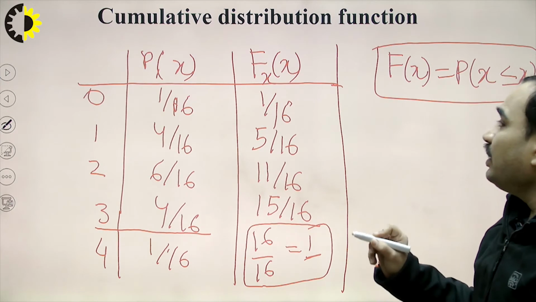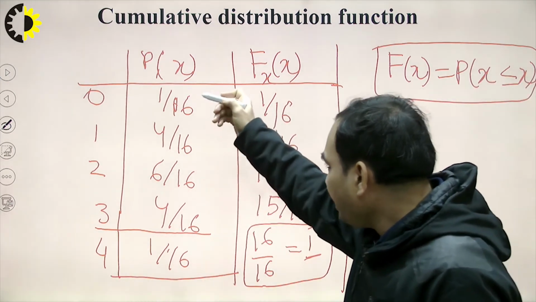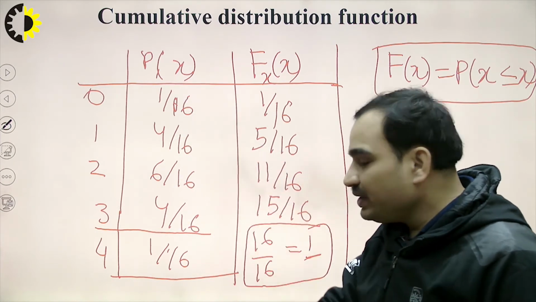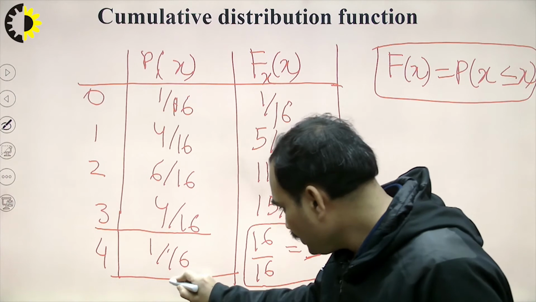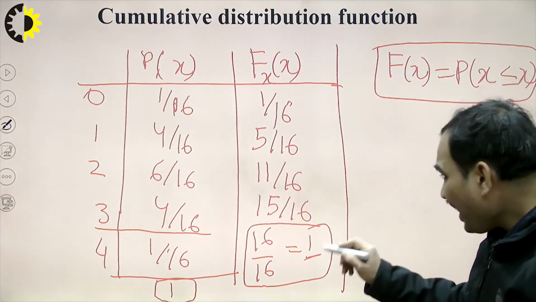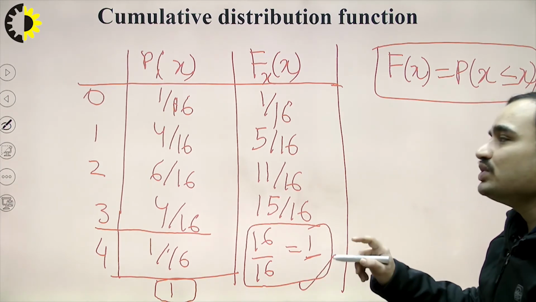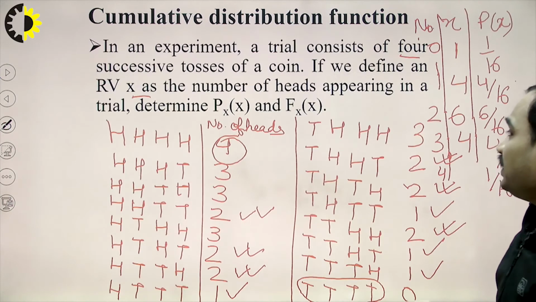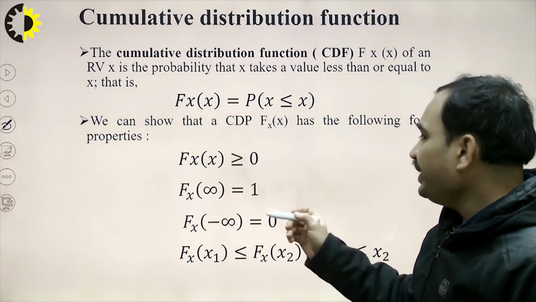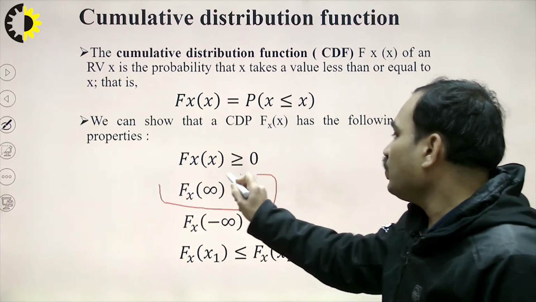And you know that if you add all the probabilities, that is 1, 4, 6, 4 and 1, it equals 1. So, the summation of the probability equals 1, and the maximum value of the cumulative distribution function is also 1, which follows the property we have seen, that for infinity, the maximum value of this function is equal to 1.